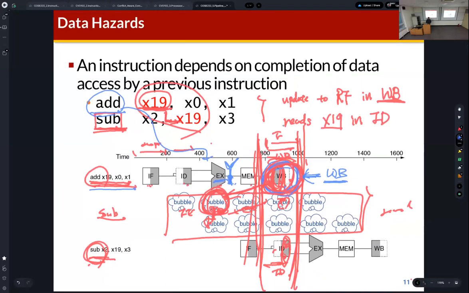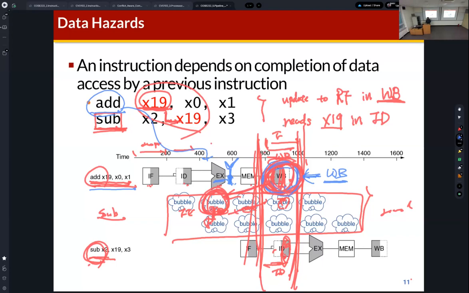It is because normally when the data is written back to the register file, it is performed in the last stage, the write back stage. But this data is demanded in the ID stage, because the register is read in the ID stage.